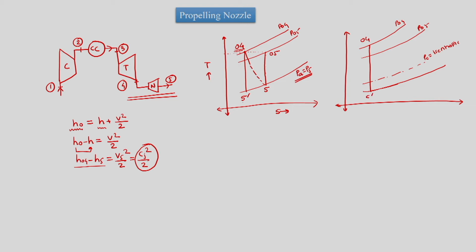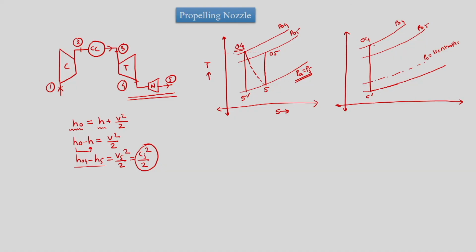Now atmospheric conditions are there, and the nozzle exit has not attained the atmospheric pressure. The nozzle should again expand the gas, but it is insufficient to expand the gas, hence the nozzle exit pressure is more than the atmospheric pressure.